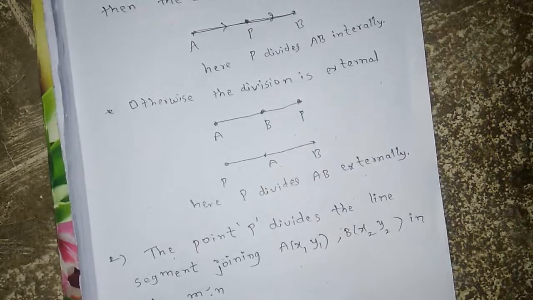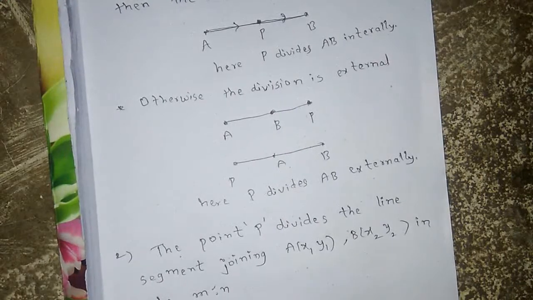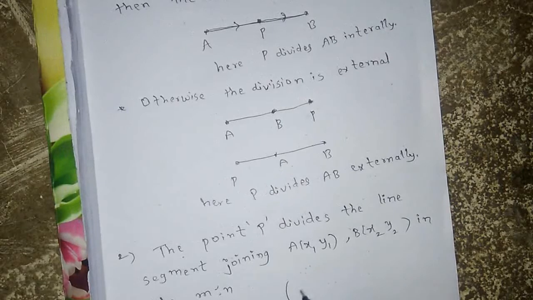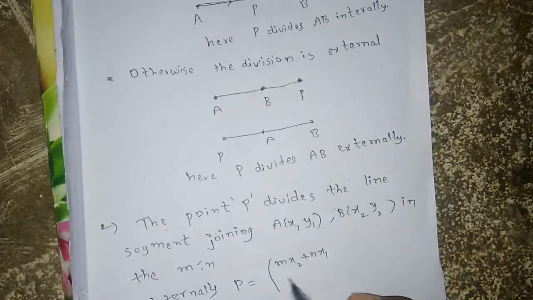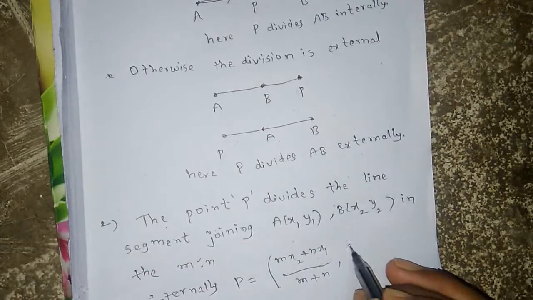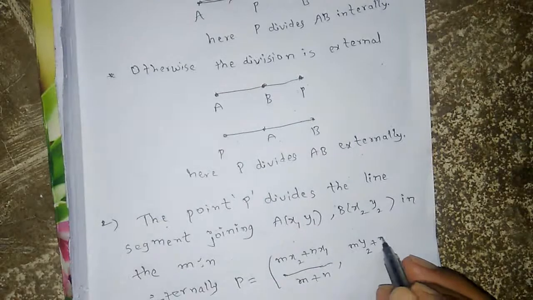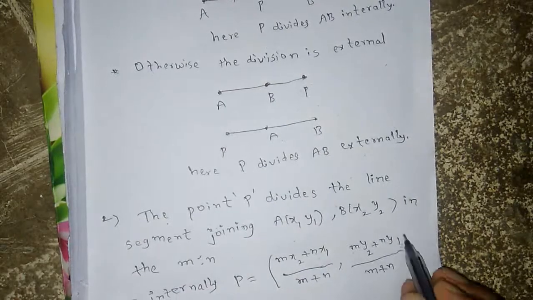Internally, if it divides internally, then coordinates of P are (mx2 + nx1)/(m + n), (my2 + ny1)/(m + n).